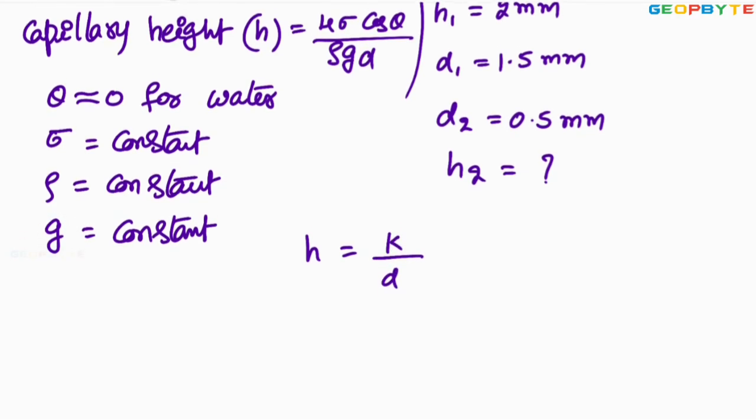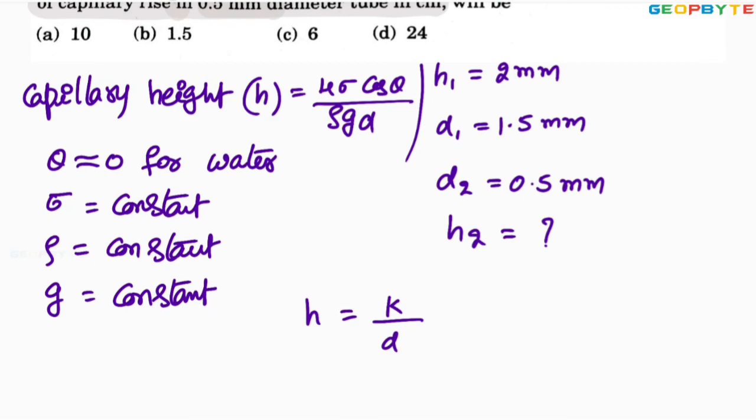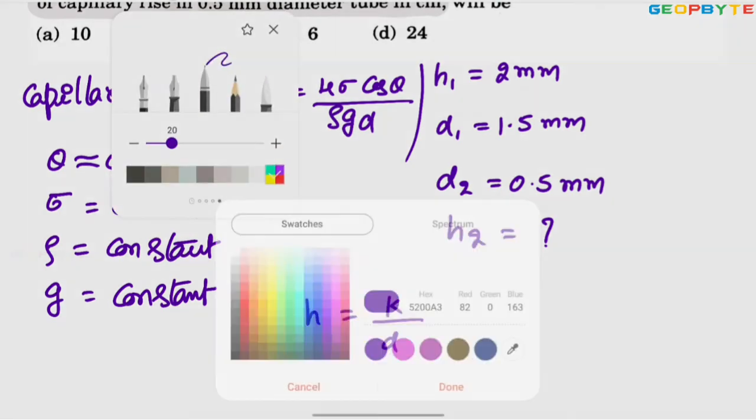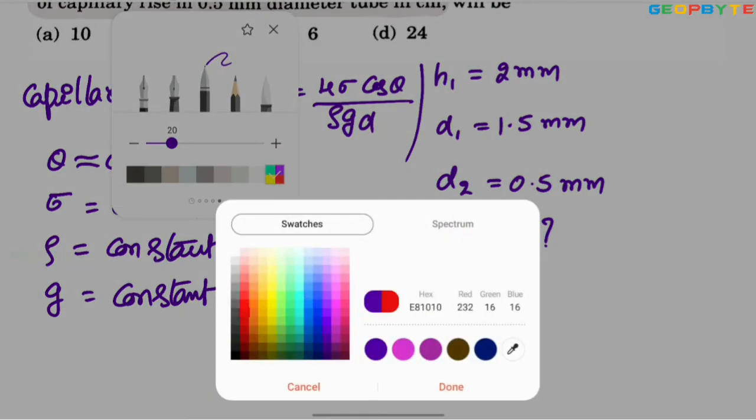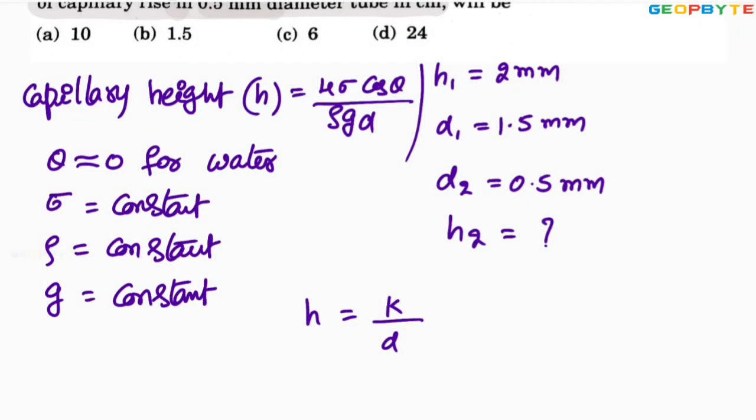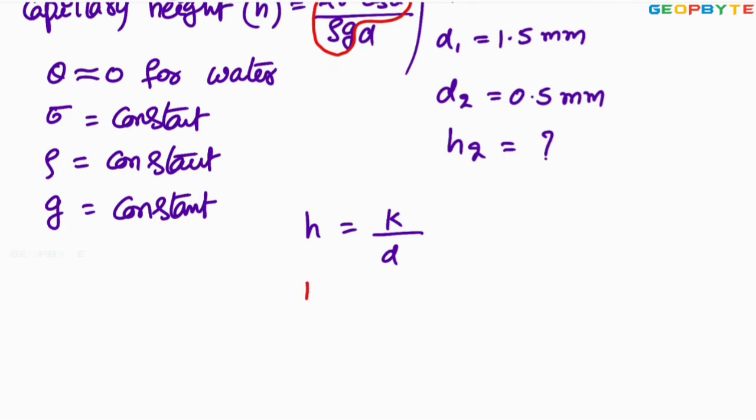That means this whole term is becoming a constant. Then I can write HD equal to constant.